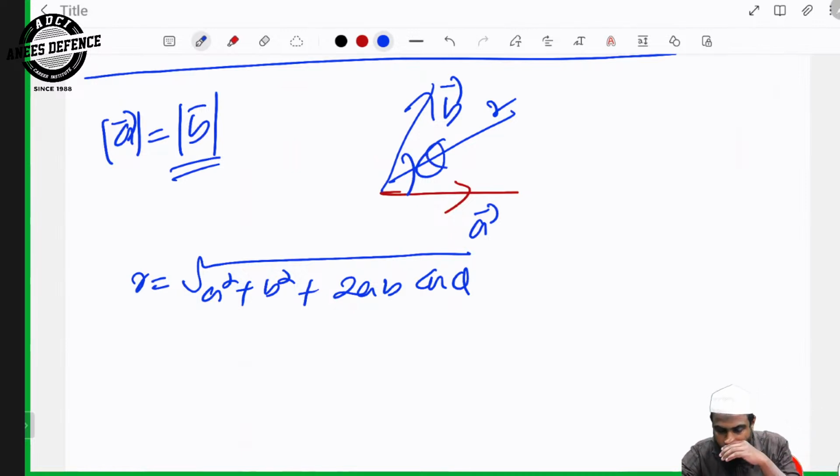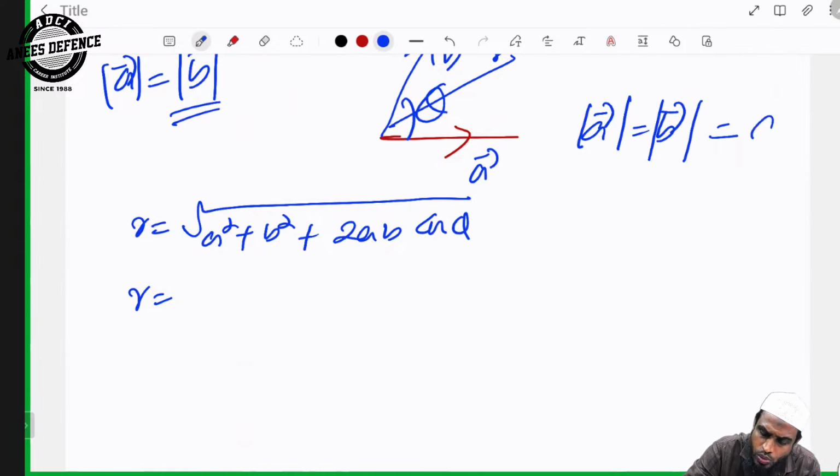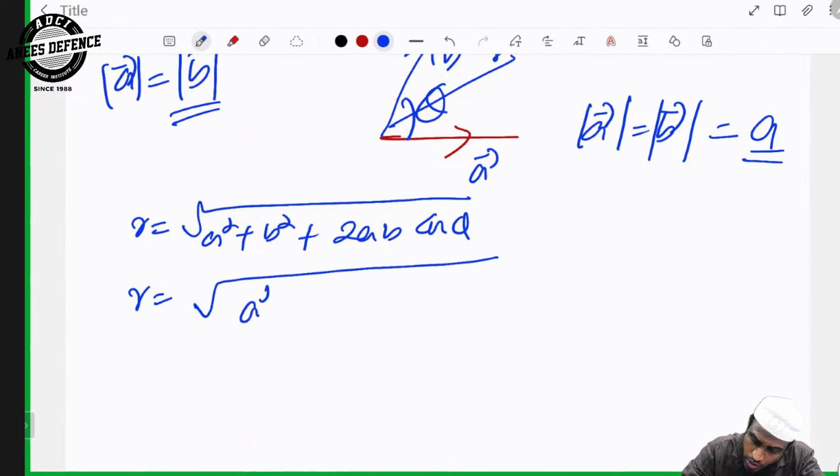Theta is the angle between the two. So if the magnitude is the same, then the magnitude of A equal to the magnitude of B, that is equal to A. You can consider either equal to A or equal to B. So this can be written as A square plus A square plus 2AA cos theta.